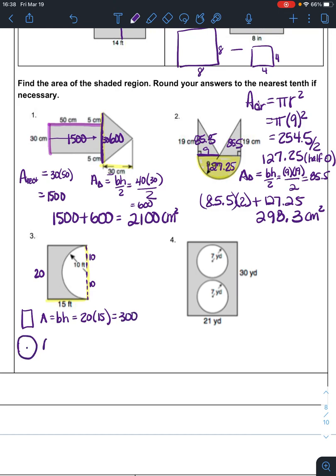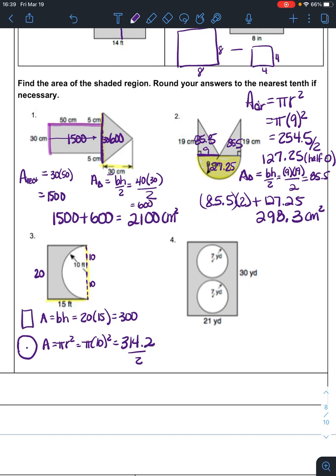Then I got my circle. Okay, so the area of the circle is pi r squared. That's pi times 10 squared. That's 314.2. Now, it's a half circle, so I got to divide it by 2 because it's a half circle.